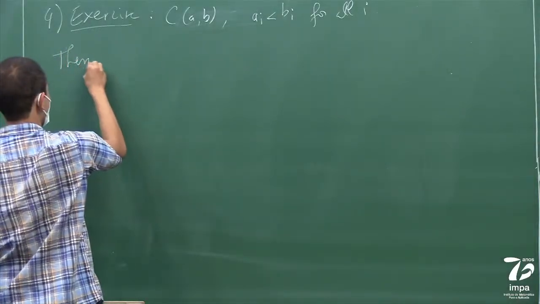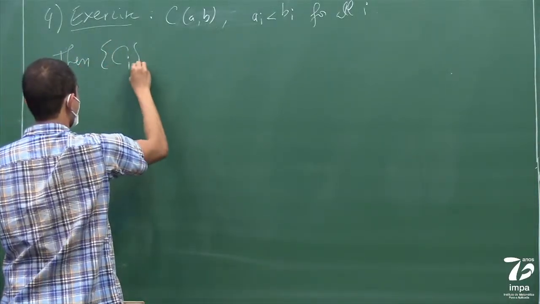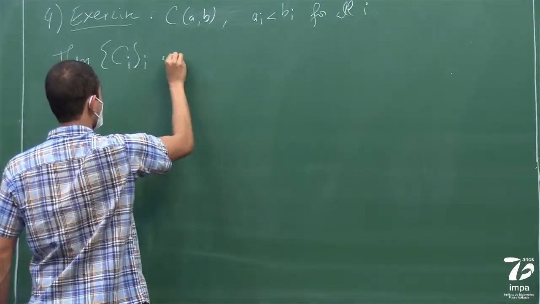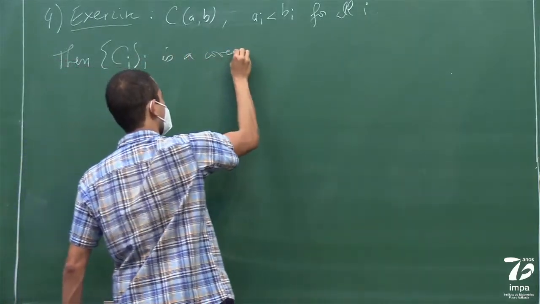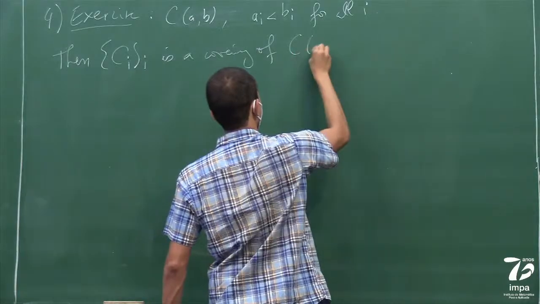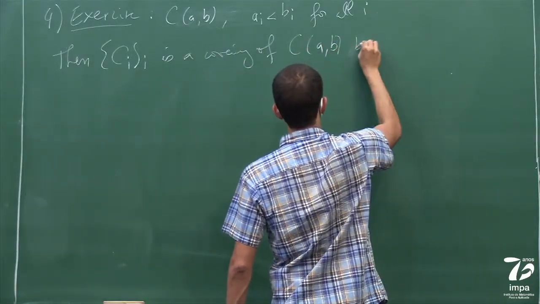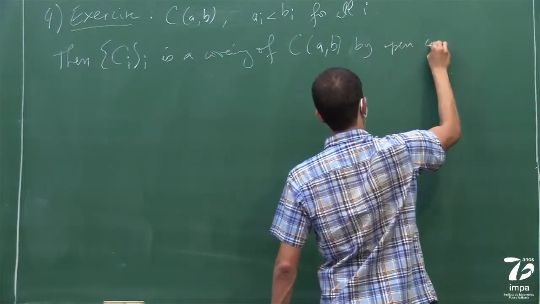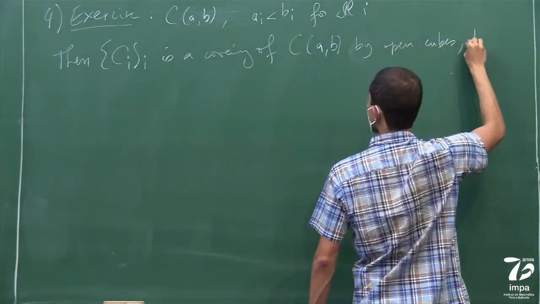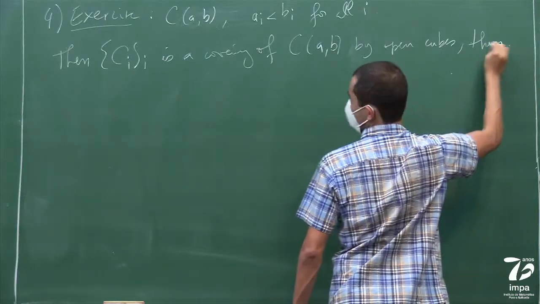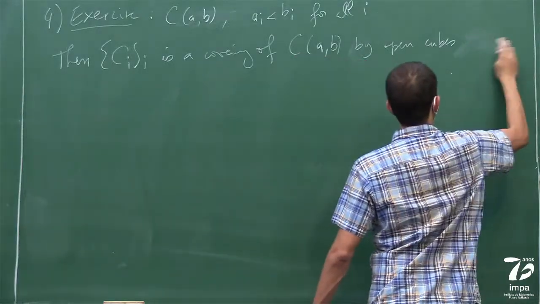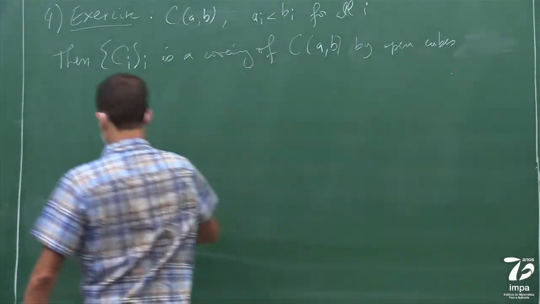Then if Ci is a covering of C of AB by open cubes, then, no, let's write it like this.